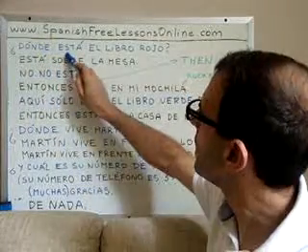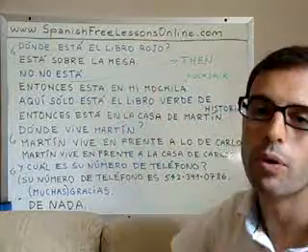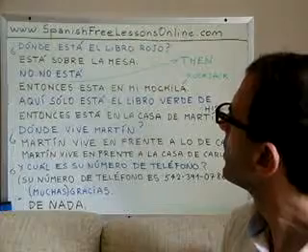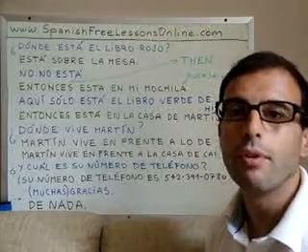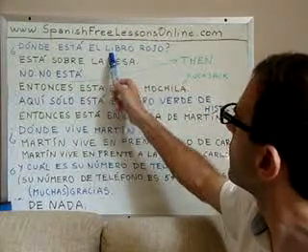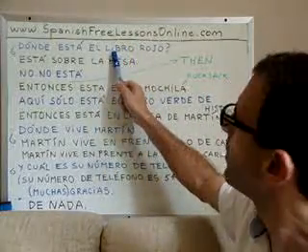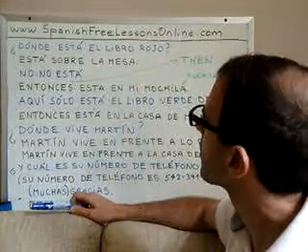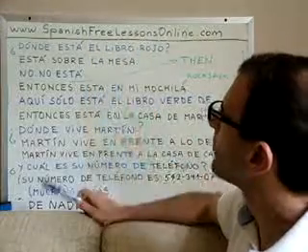Where is the book red, or where is the red book? Okay, so in Spanish the adjective goes after the noun, right? You will see this is a typical example of how first comes the noun and afterwards comes the adjective in Spanish. Okay, ¿dónde está el libro rojo?